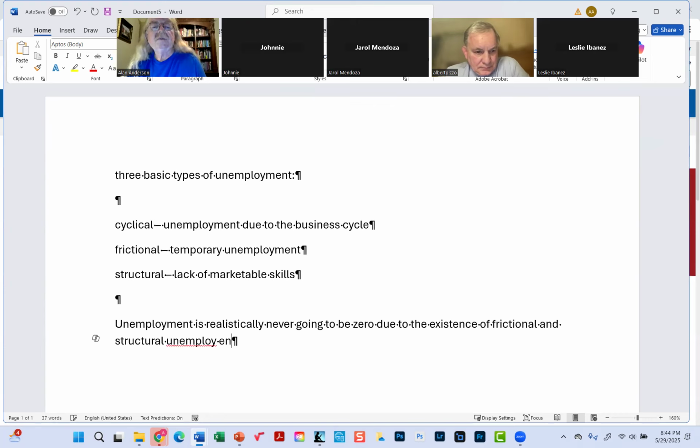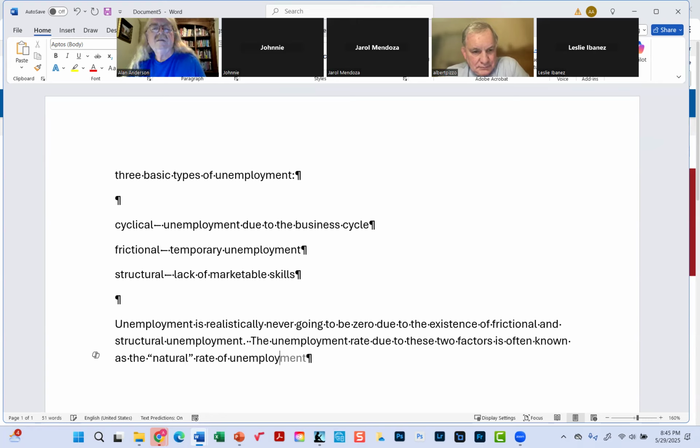Now, the sum of these two, the unemployment rate due to these two factors, is often known as the natural rate of unemployment. Okay. So in other words, this is the number that you want all unemployment to fall into this category, ideally.